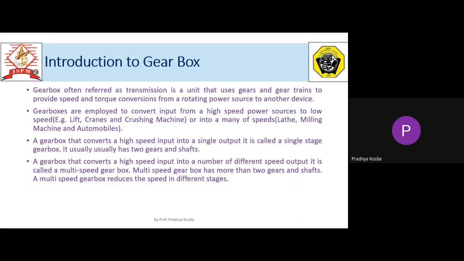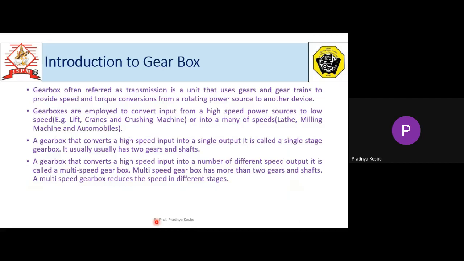Then we will see the introduction of a gearbox. A gearbox is used to transmit power as well as motion.